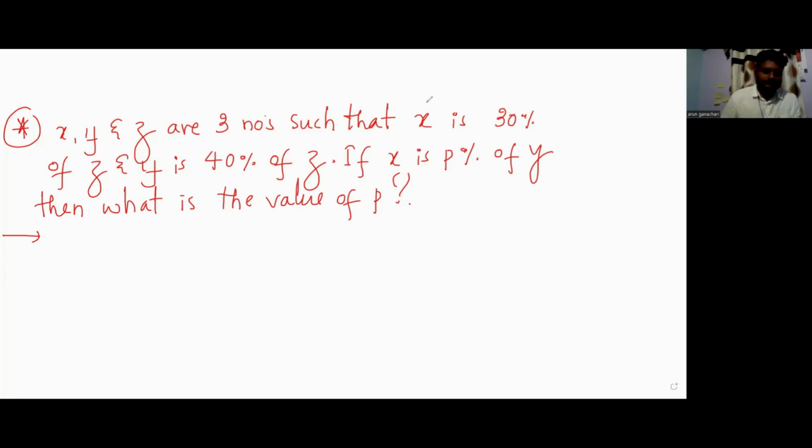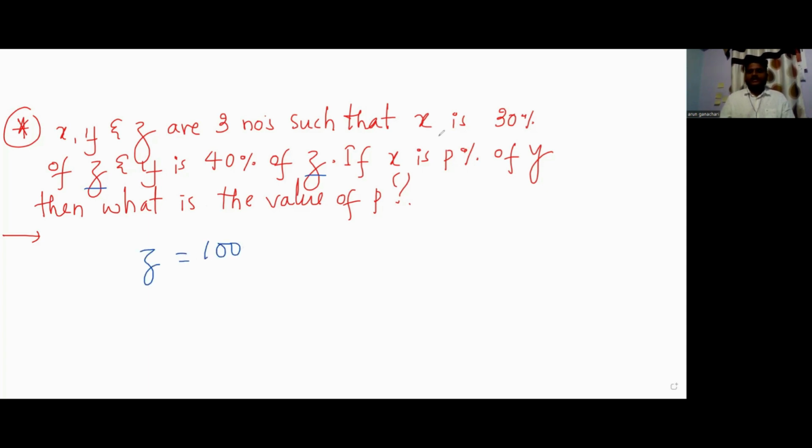How to solve this? Try to solve this on at least. They are comparing both the numbers with Z. So I'll take Z as 100.